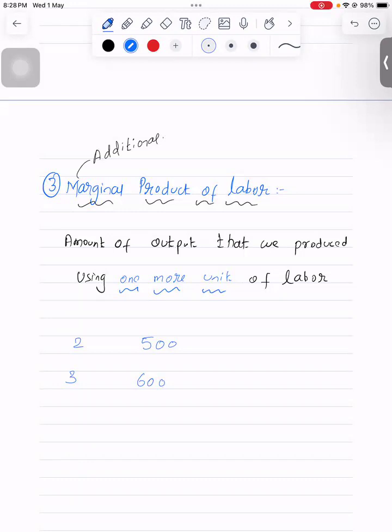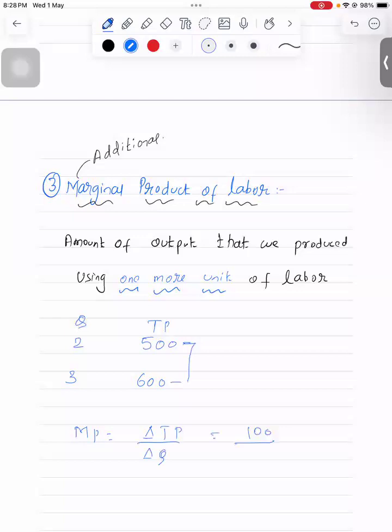So how to calculate marginal product? You need to remember the formula. Marginal product is equal to change in total product divided by change in quantity. What is the change in total product? From 500, now there are 600 units, so the change is 100, divided by change in quantity.